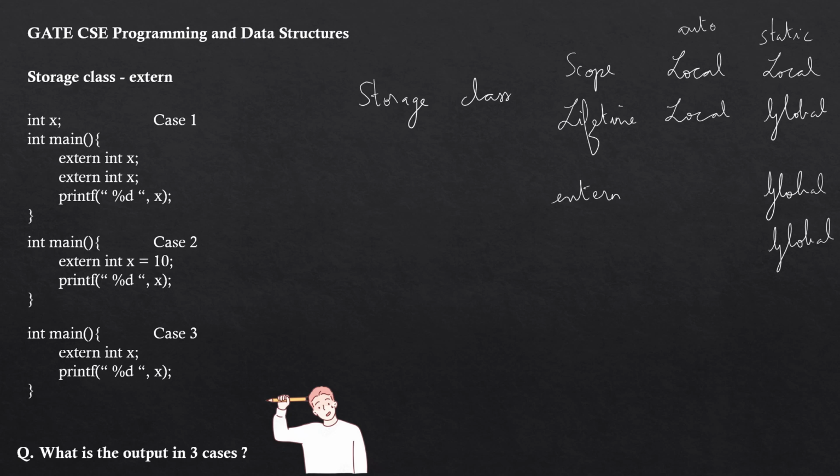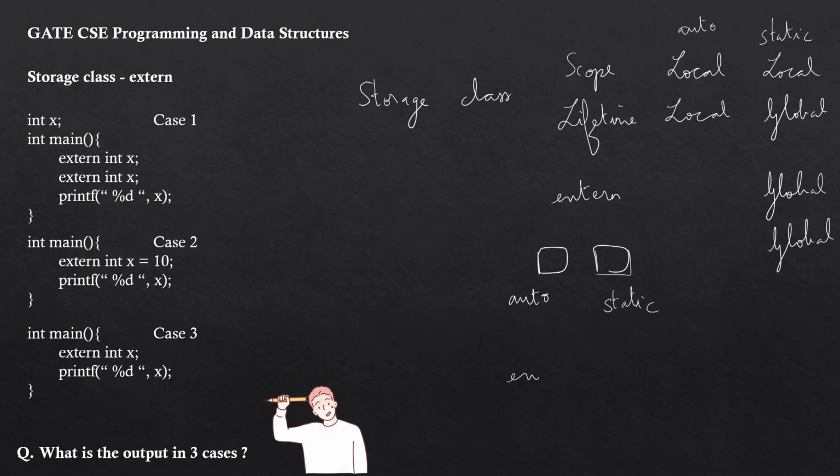We saw that for auto and static there was some memory being created. In the case of auto, it was a local one, and in the case of static, it was referring to that global value, almost like a global variable.